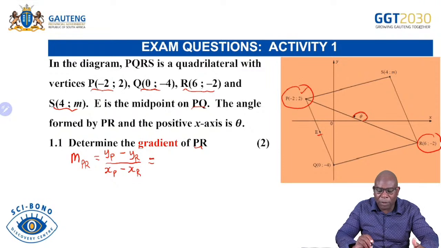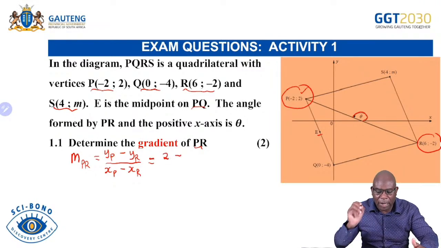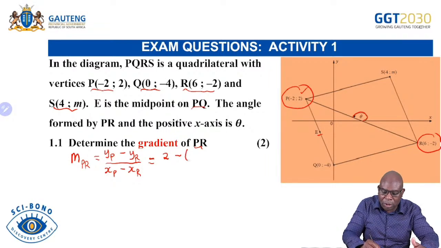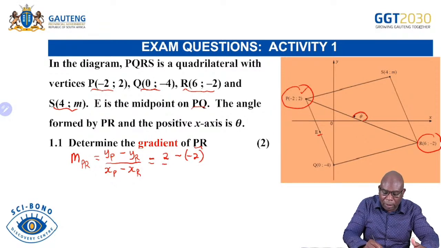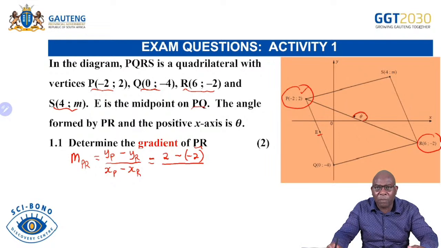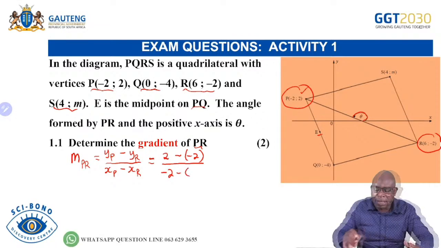My y value at P is 2 minus, and my y value at R is -2. You see, the first minus is for the formula, the second minus is for the coordinate there. The x at P is -2, and the x at R is 6.